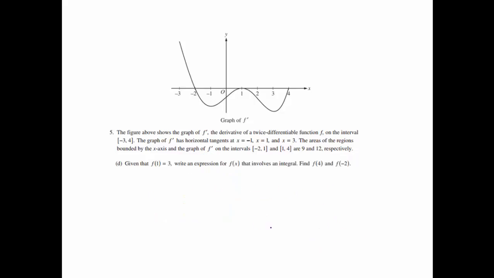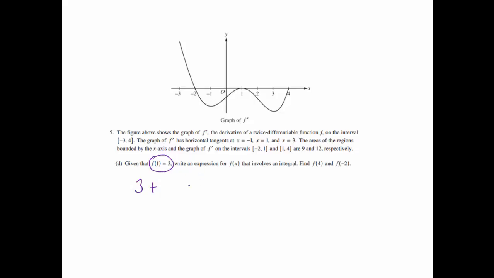Okay, part D. Given that f of 1 equals 3, write an expression for f of x that involves an integral, and then find f of 4 and f of -2. I am just going to do an accumulation type problem. If we start at 3, then I'm going to add up the change from 1 to wherever.